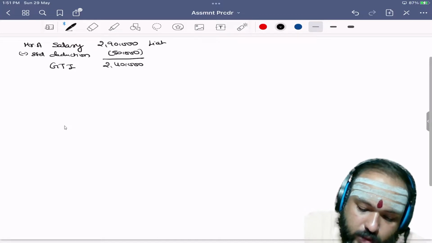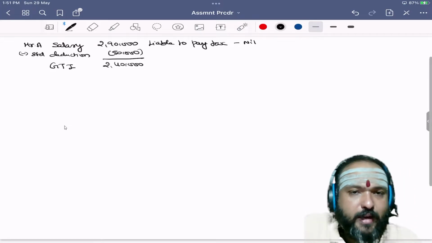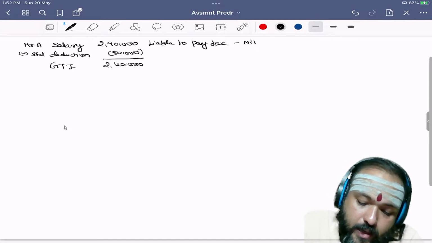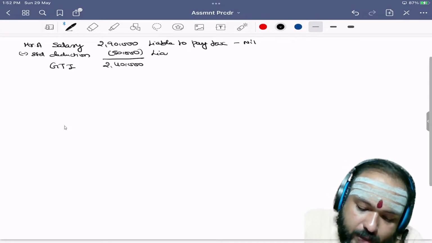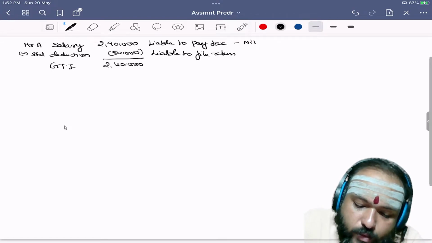We will answer both the questions. Liable to pay tax is nil. There is no liability to pay tax because his total income is less than 2,50,000. Now, liable to file return. What are we going to tell? No. Why?